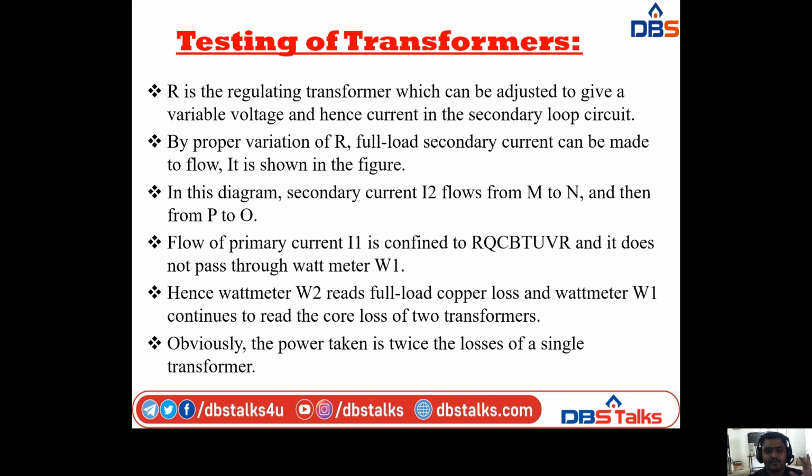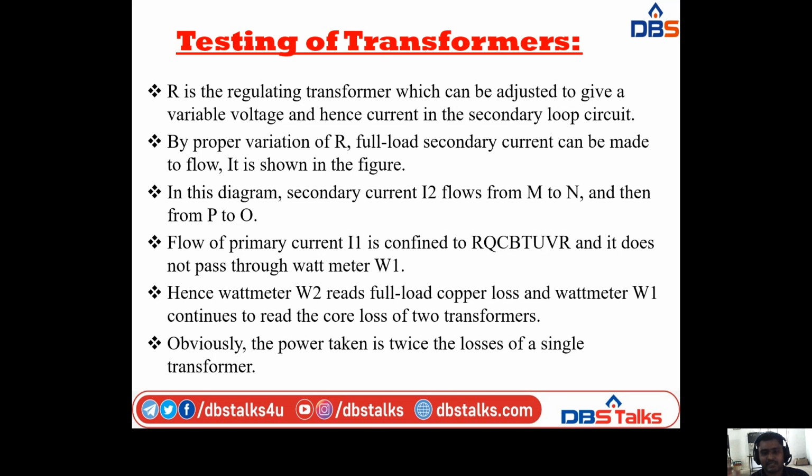Next, here I am taking the regulating transformer. R is the regulating transformer, which can be adjusted to give a variable voltage and hence current in the secondary loop circuit. By proper variation of R, the full load secondary current can be made to flow.